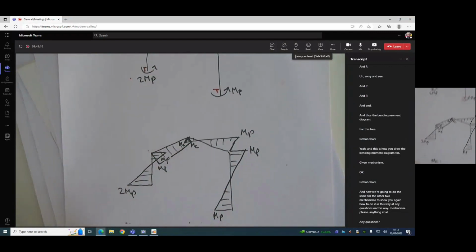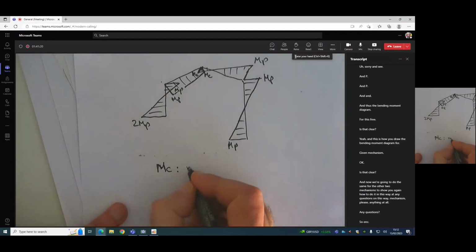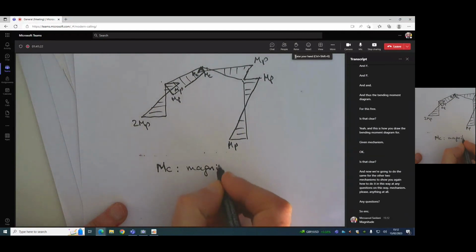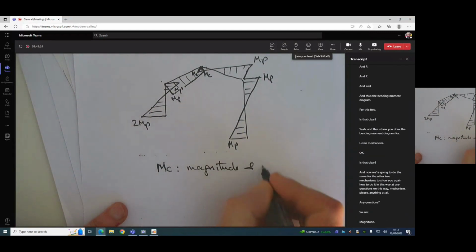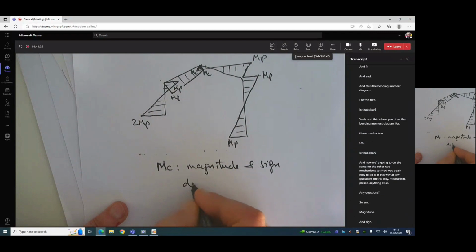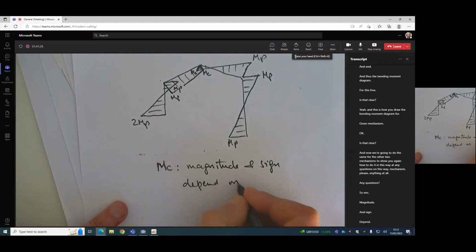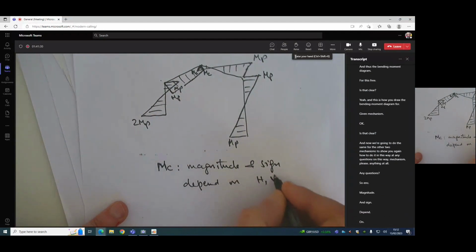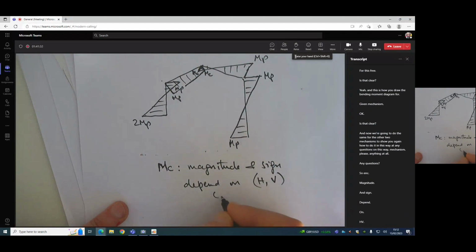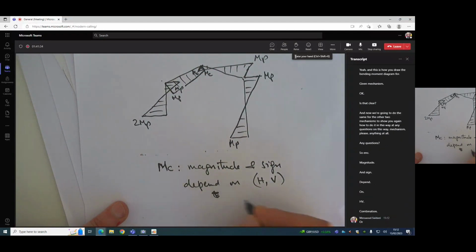So MC, magnitude and sign depend on the H and V combination or H and V values.